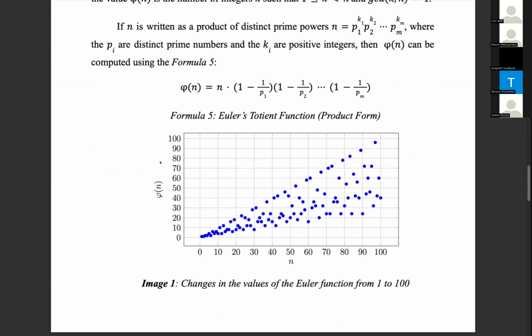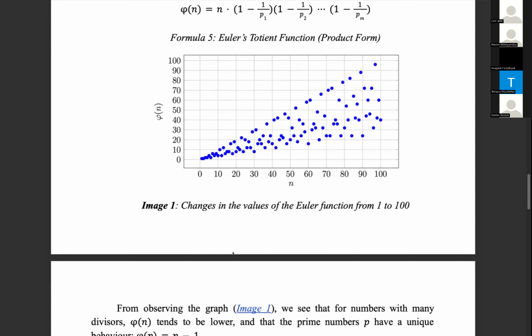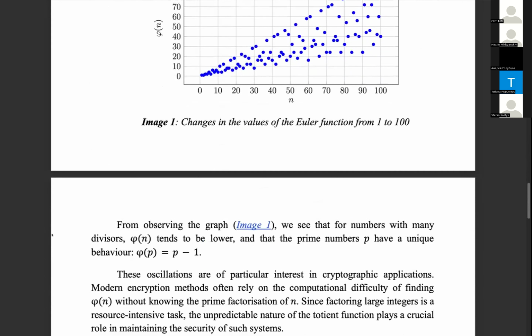In this table, we see how quickly and how broadly this function oscillates. That is because for prime numbers we have a unique behavior: all the numbers less than a prime number are coprime to it.